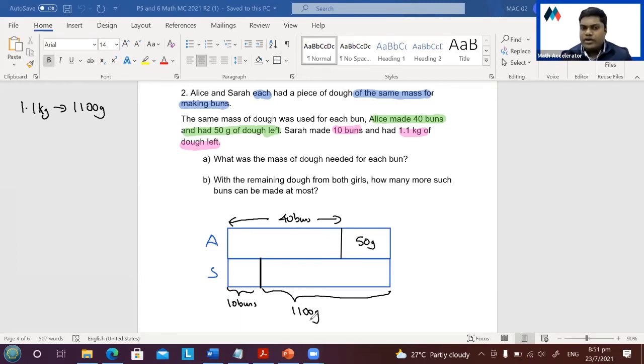Okay, so now let's look at part A. What was the mass of dough that is needed for each bun? So what I want all of you to do now is dissect this part here, like this, and quickly shade this part here.